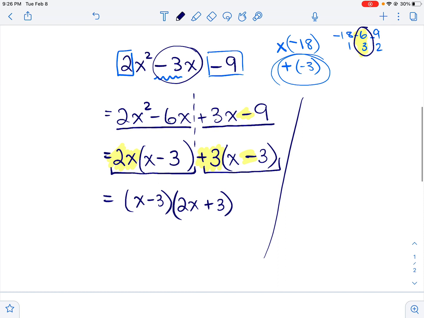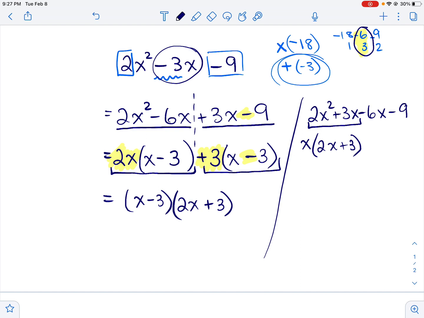If you're still watching, let's say I set this up differently and I did plus 3x minus 6x minus 9. When I common factor, for my first two terms, all I can common factor out is an x, so I'd be left with 2x plus 3. And then for my second two terms, they're both divisible by 3.